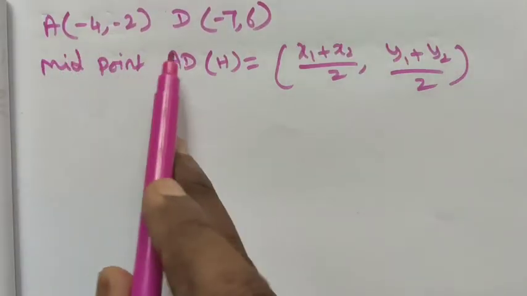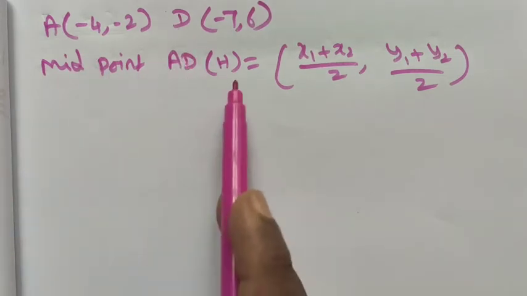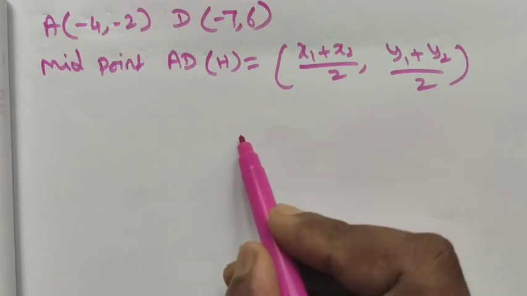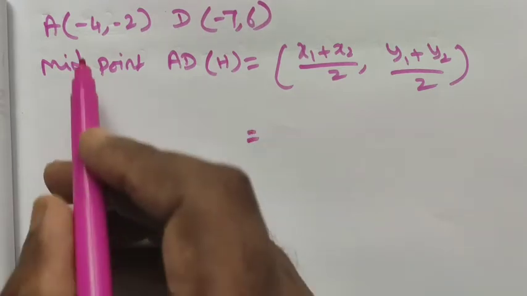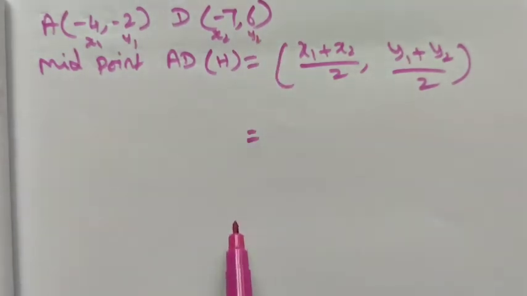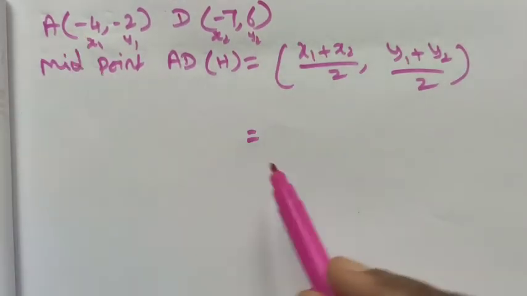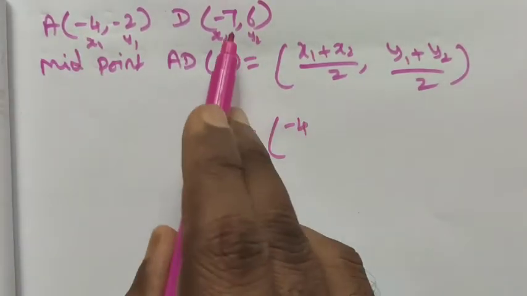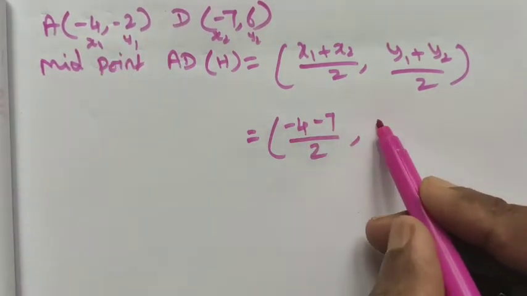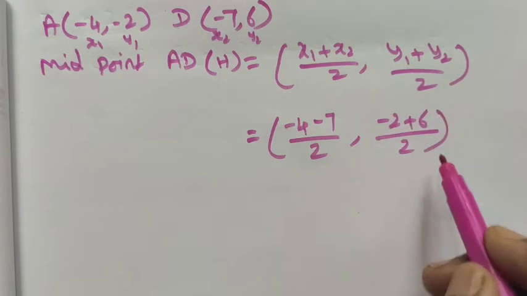Next we find the midpoint of AD, A and D points. The midpoint formula, we know, (x1 plus x2) divided by 2, (y1 plus y2) divided by 2, where first point is x1, y1, second point is x2, y2. Now apply the values. Here we have (-4 minus 7) divided by 2, (-2 plus 6) divided by 2.